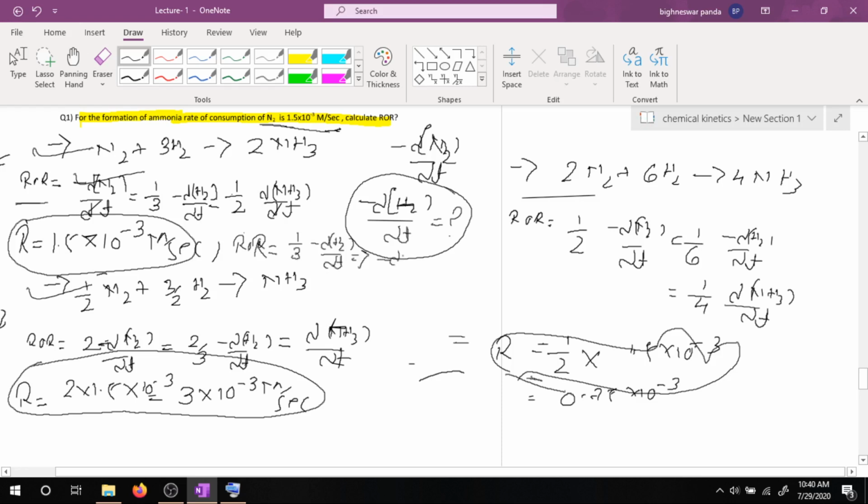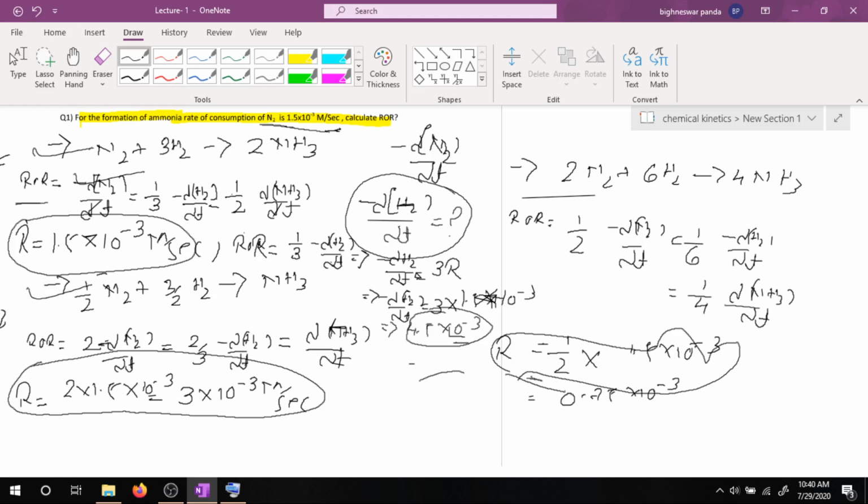So minus dH2 by dt is equal to 3 times the rate, or minus dH2 by dt is equal to 3 into 1.5 into 10 to the power minus 3, and that will be equal to 4.5 into 10 to the power minus 3. This 4.5 into 10 to the power minus 3 is the rate of dissociation of hydrogen.